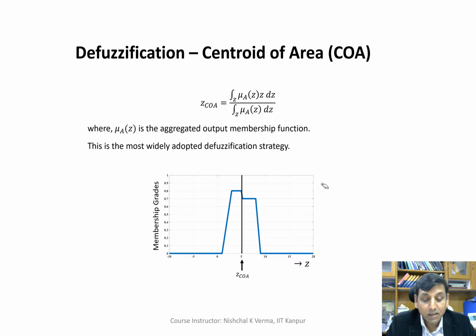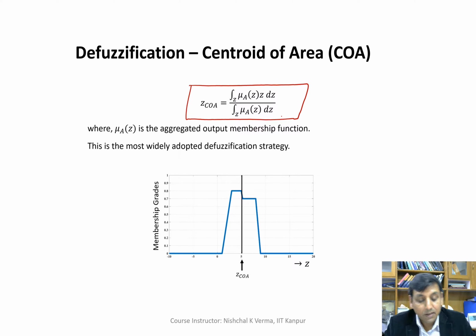So centroid of area is COA, and here is the formula through which we get the crisp value when we have the fuzzy value. The center of area is very simple.